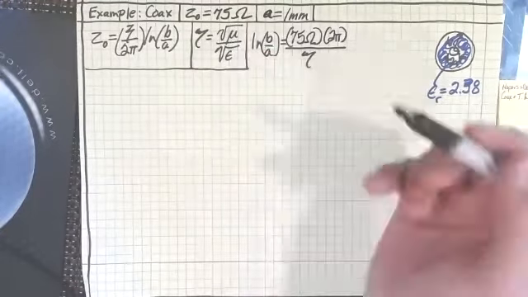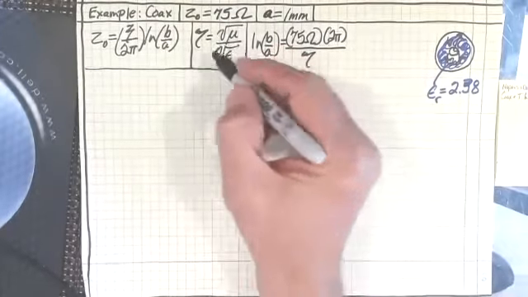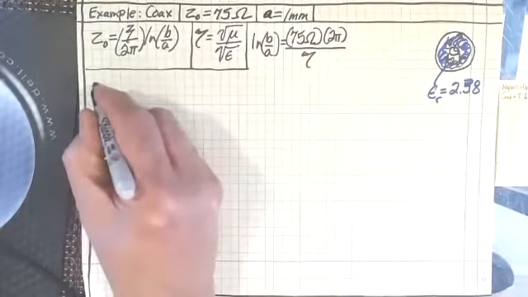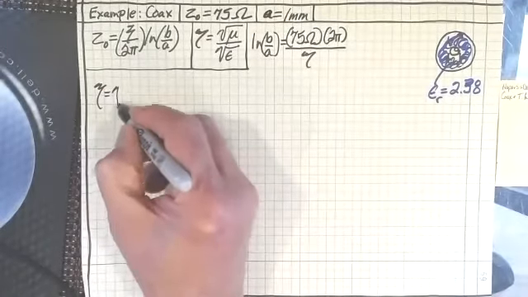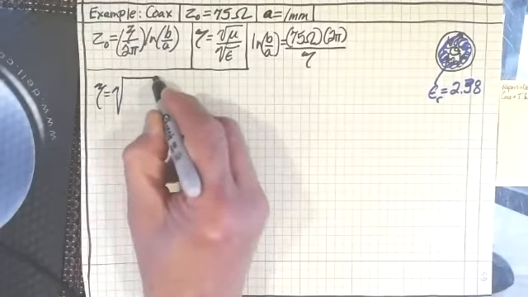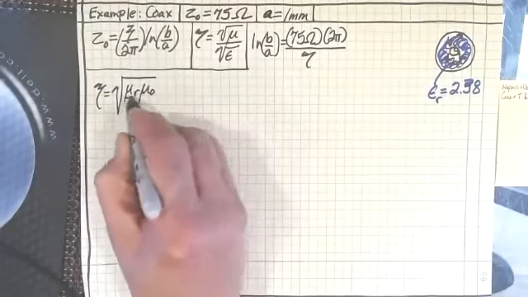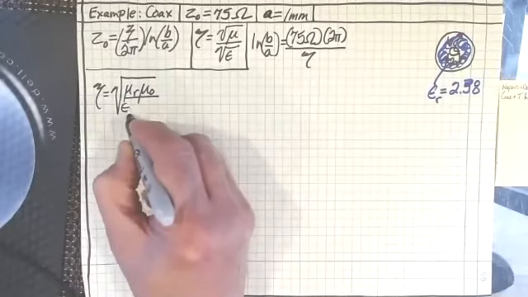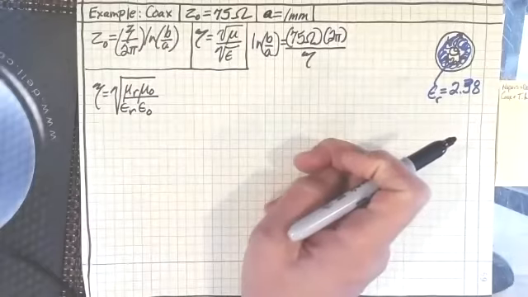In fact, why don't we look at a very special case of this? Because really, what we're looking at here with eta is the square root of mu sub r times mu sub o divided by epsilon sub r times epsilon sub o, right? Does everyone see that?